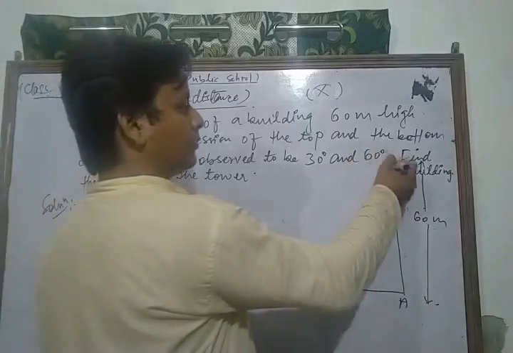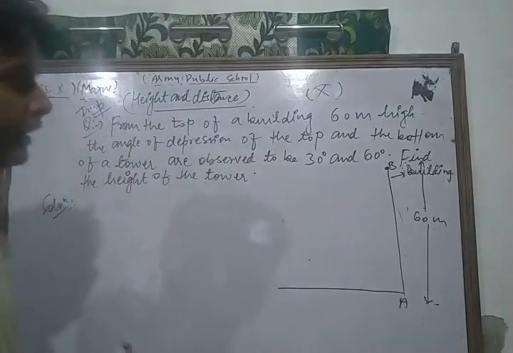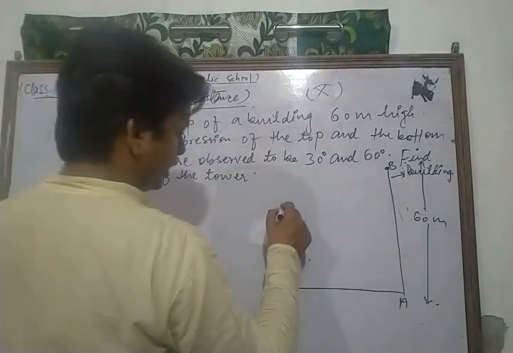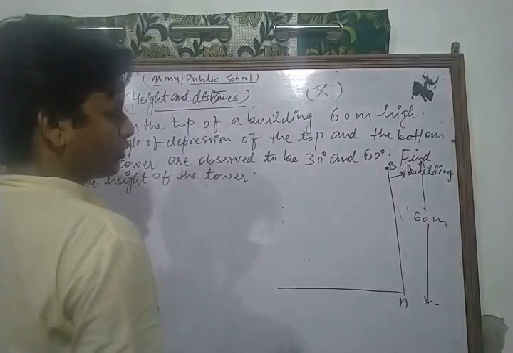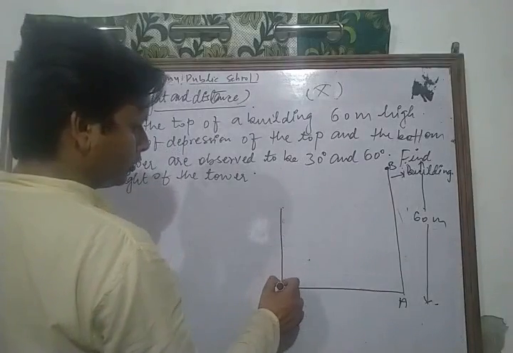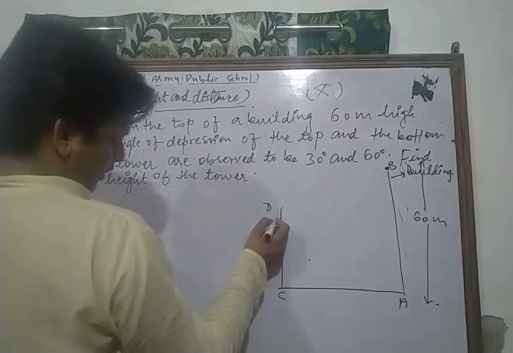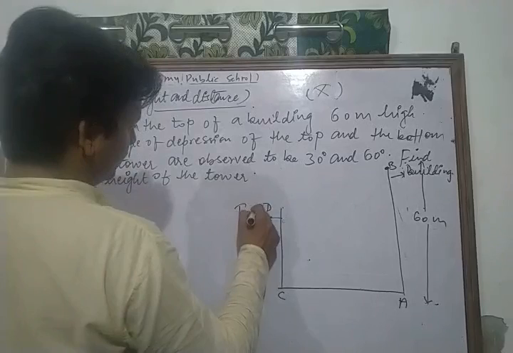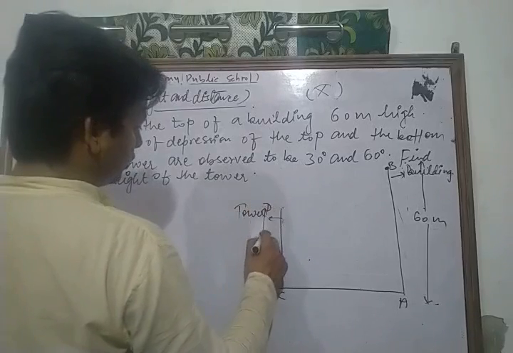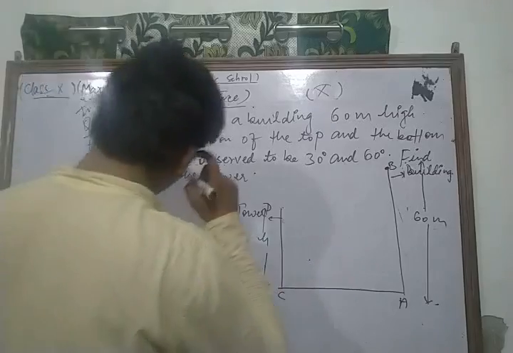The tower also stands on the surface of the earth, so let CD be the tower, and let the height of the tower be h, which we find.